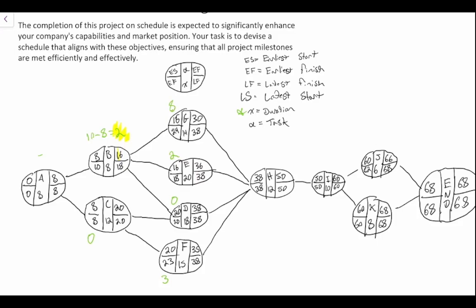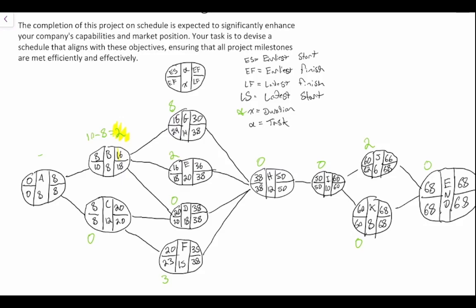We then look at project H, so 38 minus 38 is 0 days of slack. Project I, 50 minus 50, also 0 days of slack. Project K, 60 minus 60, 0 days of slack. Project J, 62 minus 60 is 2 days of slack. And then at the end we have 0 days of slack.